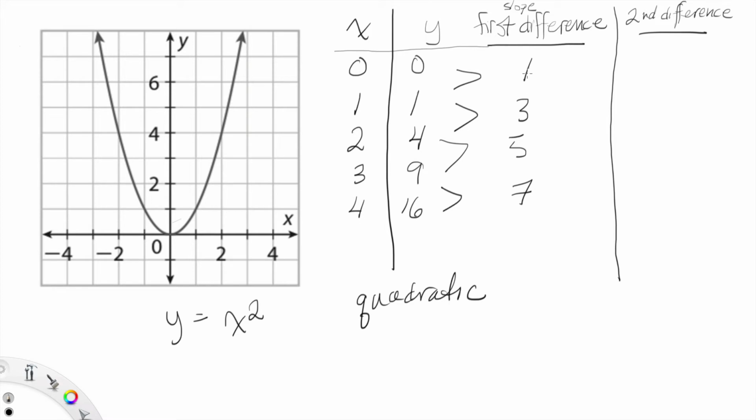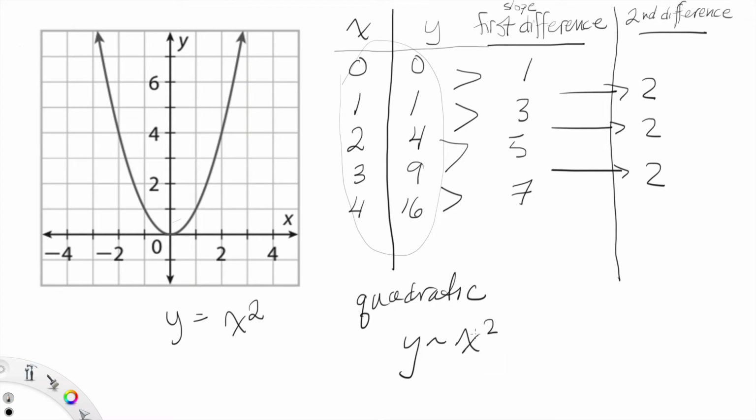All right, the second difference between 1 and 3 is 2. The second difference between 3 and 5 is 2. The second difference between 5 and 7 is 2. So this is a characteristic of quadratic patterns. If you just had this information, you could do a regression formula, and it would give you this as the regression.